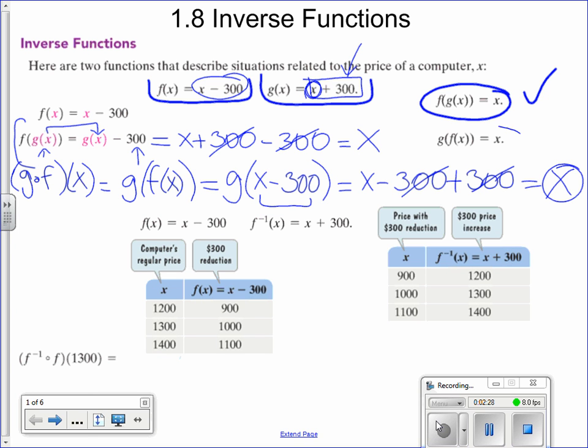Because of that, we could say that the second statement is true. And if both of those statements are true, if you get x equal to x after composing the functions, then you can say that one function is the inverse of the other, or the two functions are inverses of each other. In other words, one will undo the other.